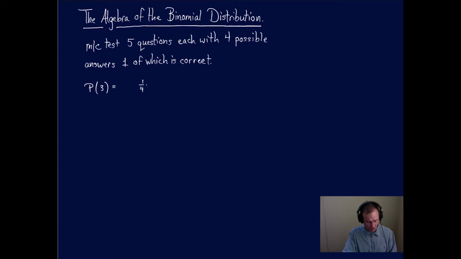So we had 1/4 times 1/4 times 1/4 times 3/4 for an incorrect one times another 3/4 for an incorrect one. But we said that CCCII was a word. So we wrote that as 5 factorial over 3 factorial 2 factorial.